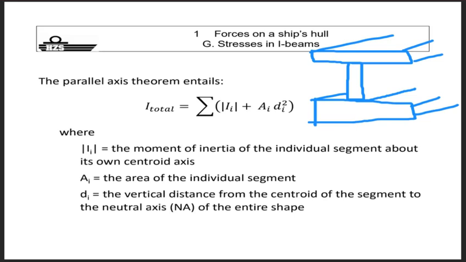How? By considering the individual moments of inertia of each element separately, which is easy because these are all plates. It is indeed the base multiplied by the height to the third divided by 12 for element 1, element 2, and element 3. All those elements need to be corrected with a correction towards the neutral axis, because we take the moment of inertia around the neutral axis to calculate the resistance against bending.